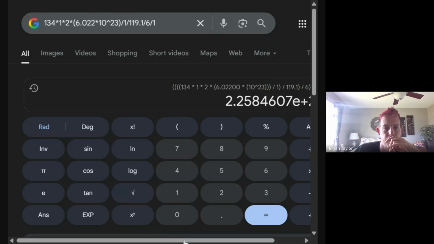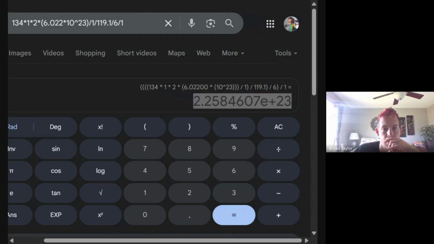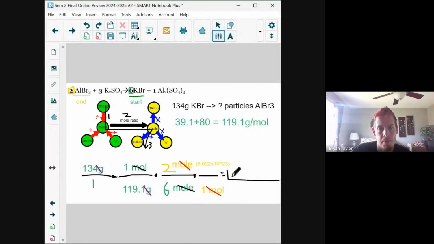And what we're left with is 2.26 times 10 to the 23rd particles.